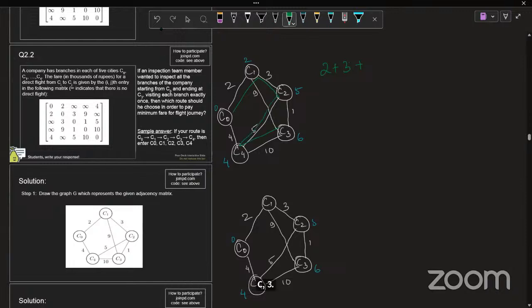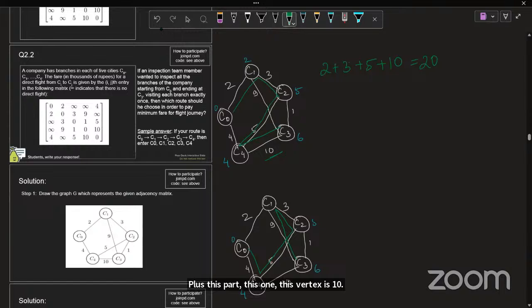Okay. And there is another way. If you go to C4 and then C2 and then C1 and then again C3, you can use this path also. So tell me the weight of this path. First of all, C2, 2 plus 3, and then this is 5. This path is 5 plus this path, this vertex is 10. So what is the weight? 20.